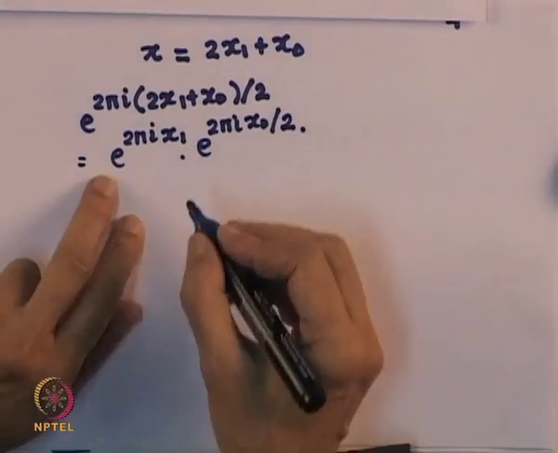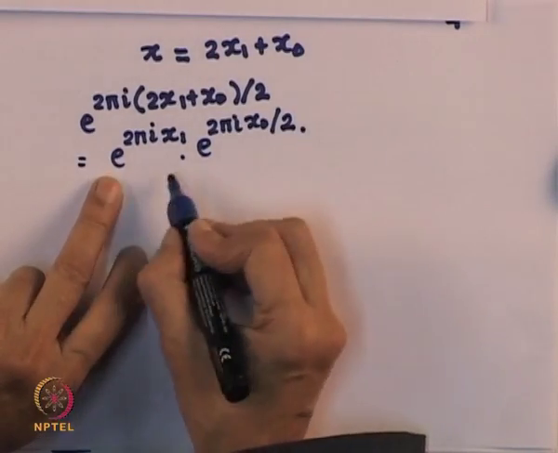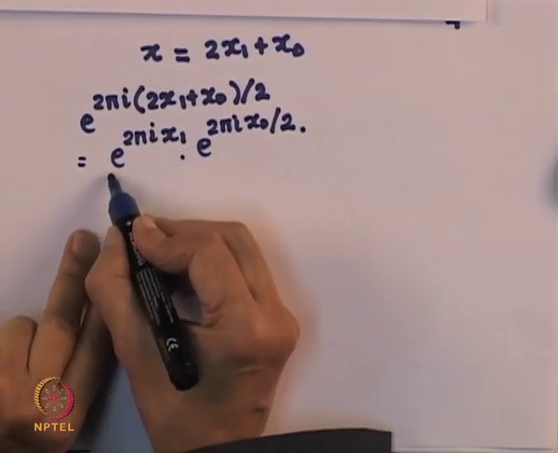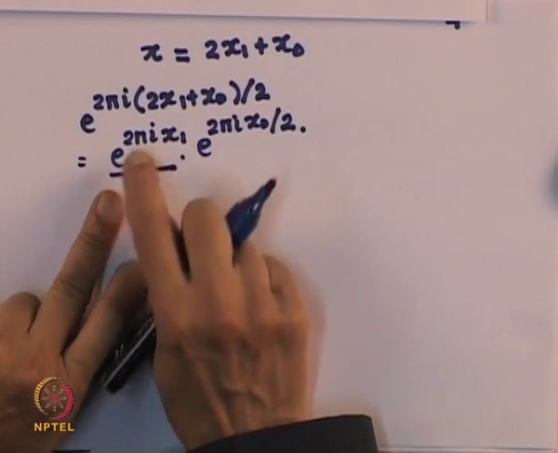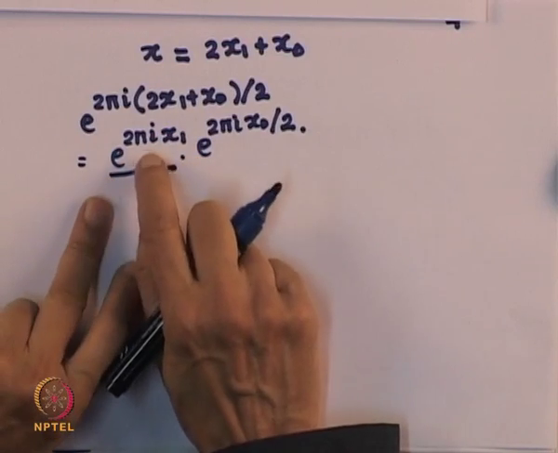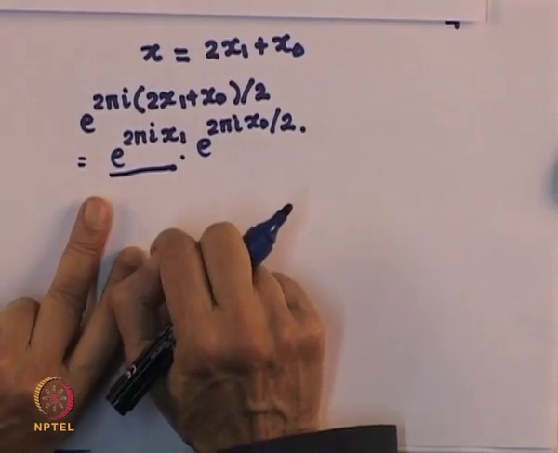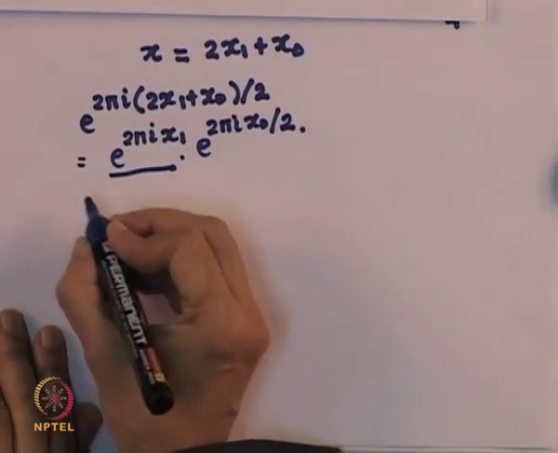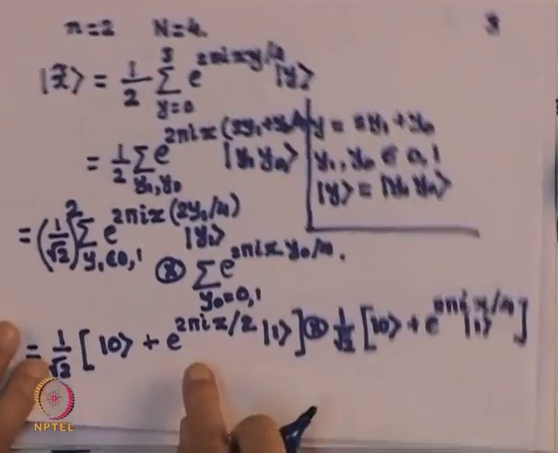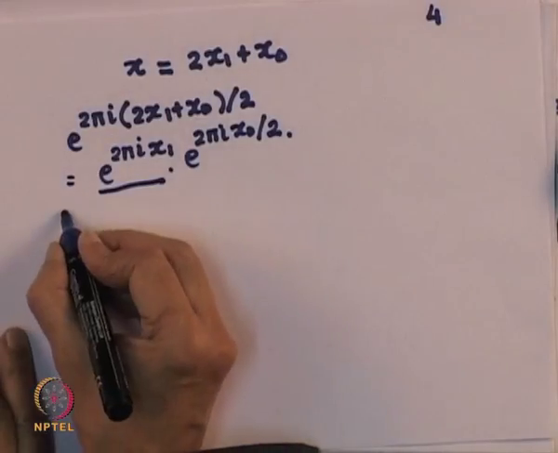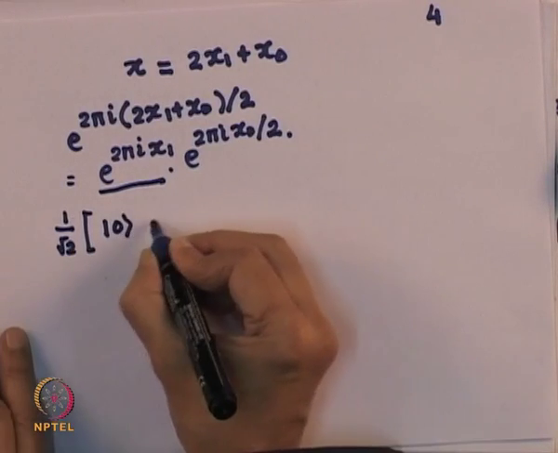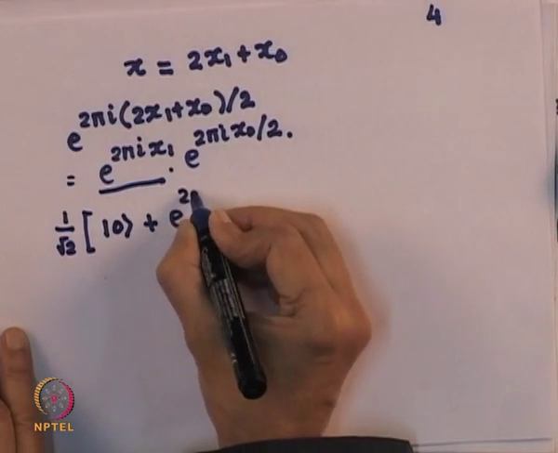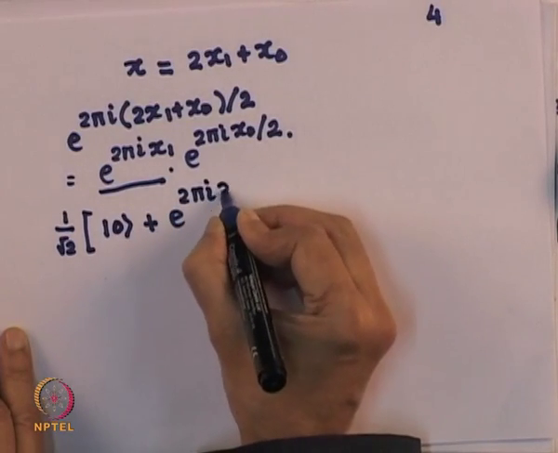Notice one thing: for both x1 equal to 0 as well as 1, this term becomes equal to 1, because e to the power 0 equals 1 and e to the power 2 pi I is also equal to 1. So, this term that I had written down here can be rewritten as 1 over square root of 2, 0 plus e to the power 2 pi I x0 by 2.